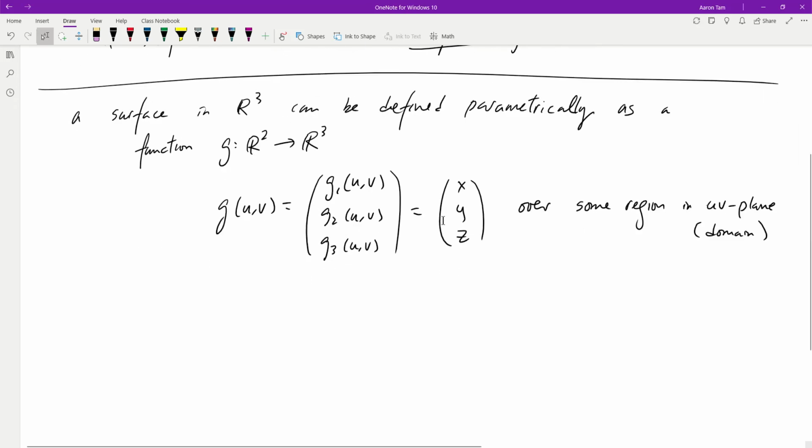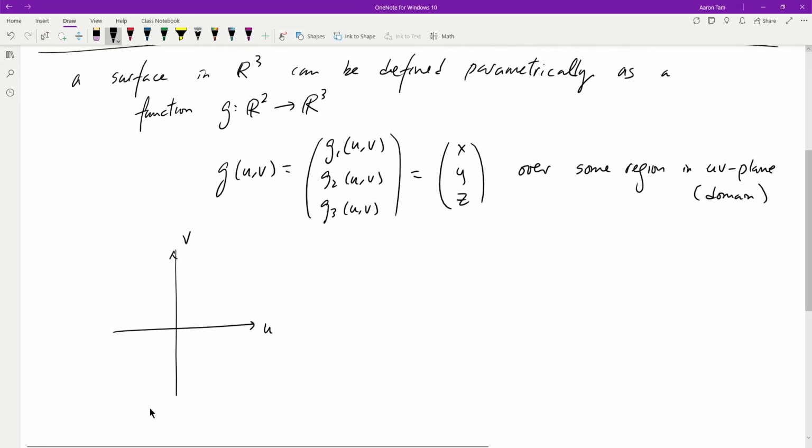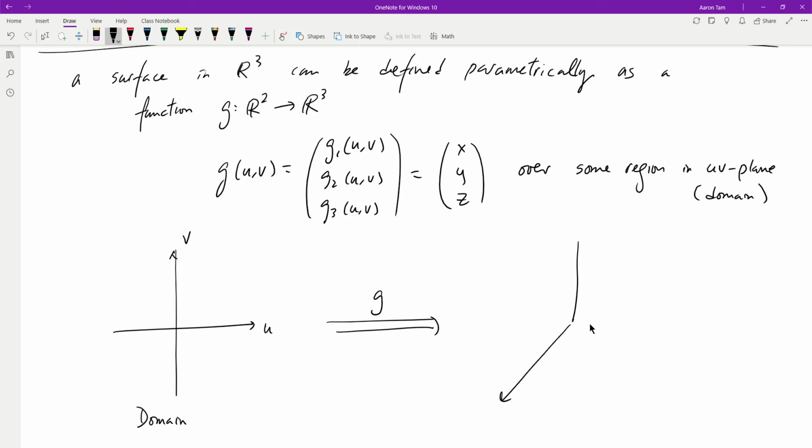So let's try to understand this process a little bit. The general idea is the following. Imagine I have a UV plane. This is my domain. If I take this domain and plug it through the function g, we'll get a surface in R3.